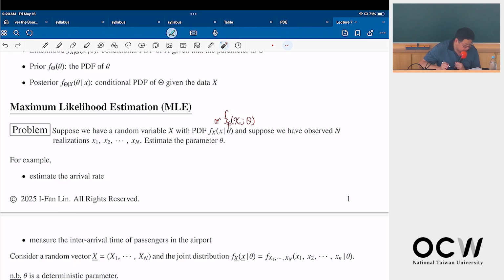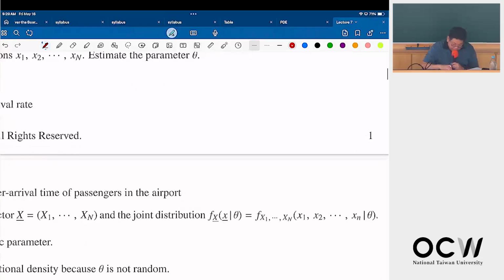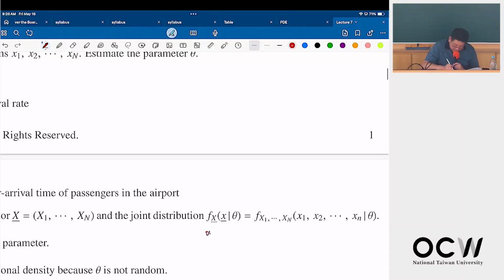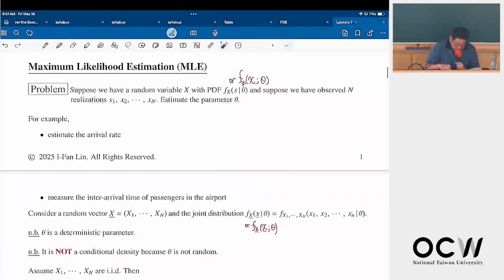You can also write it as f of x semicolon theta. Theta here is a deterministic parameter, so it is not a conditional density because theta is not random. And then we assume that this random vector x, those x are IID.